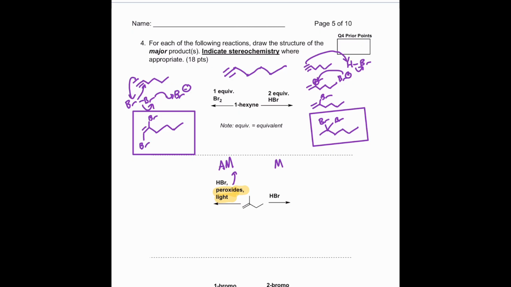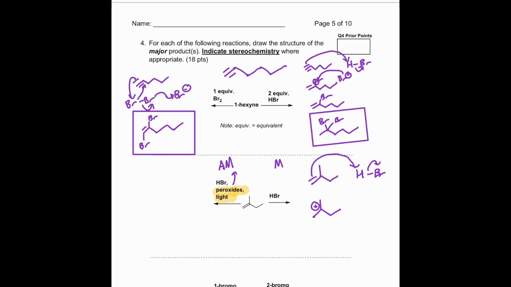So for this one, I'm going to start with the right. It's something that you know how to do, something you've done before, shouldn't be alarming. So we have that, and we have our HBr. Our double bond is going to attack the hydrogen. It's going to have our electrons go to the Br, and then from there, you're going to have this, and then remember, our charge is on the most stable part.